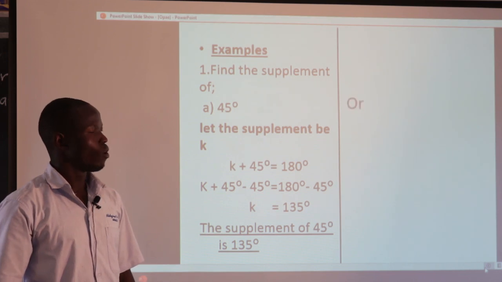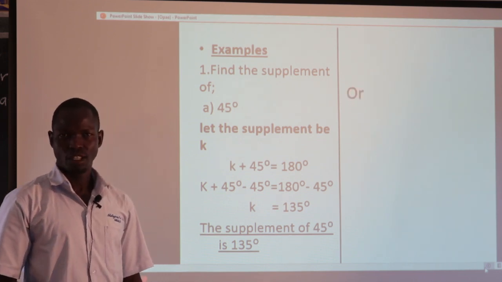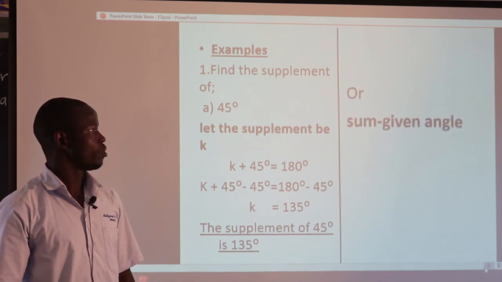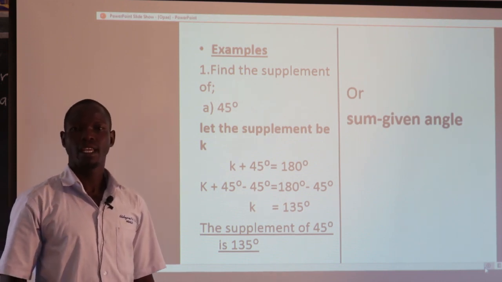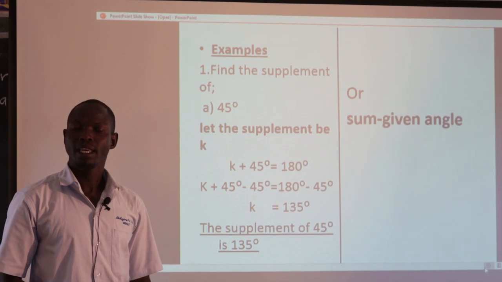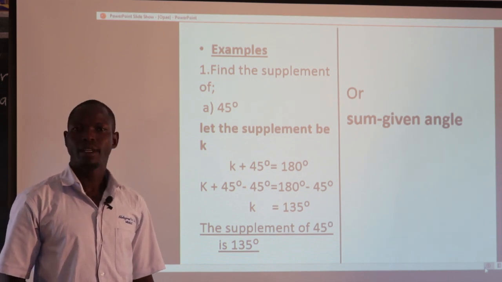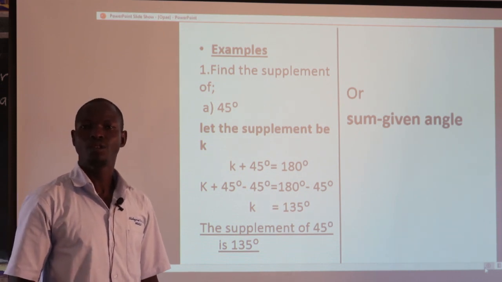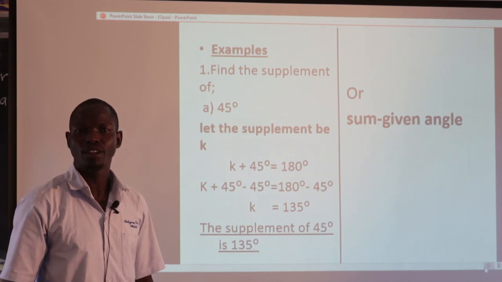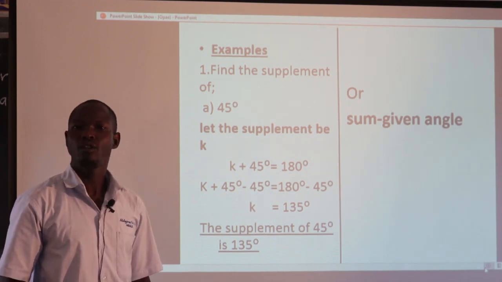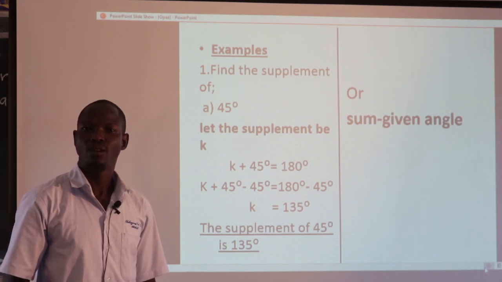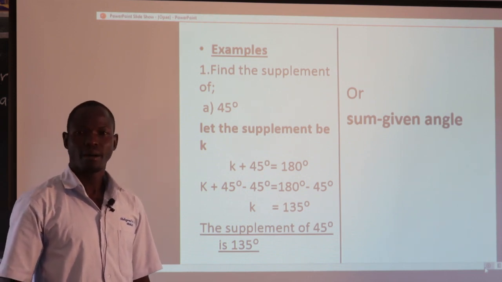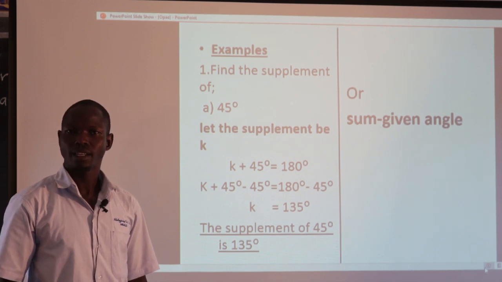Now the second method is: sum minus given angle. We must be used to this statement because we use it especially when finding supplements of angles that have unknowns. So sum minus given angle is another method.